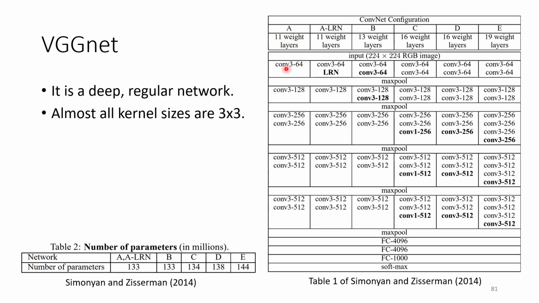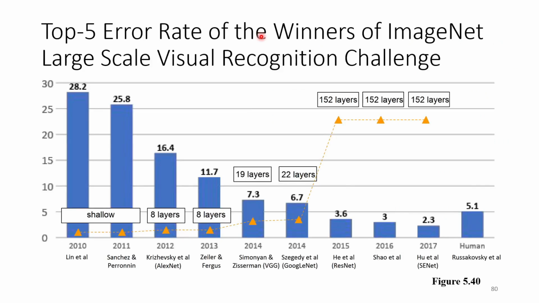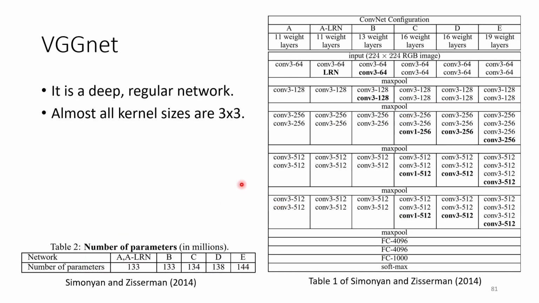We say VGG16 is this one. It uses 16 layers. And this is VGG19. It uses 19 layers. Compared with the previous AlexNet, which only uses 8 layers, VGGNet uses 19 layers. So it becomes a deeper network.